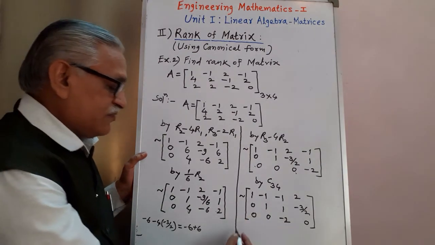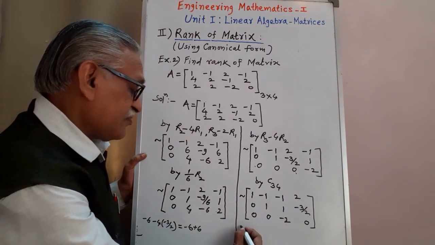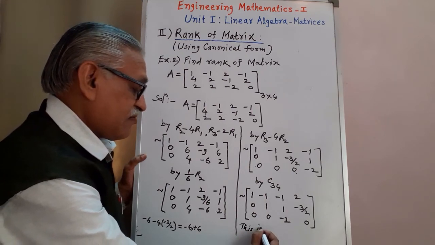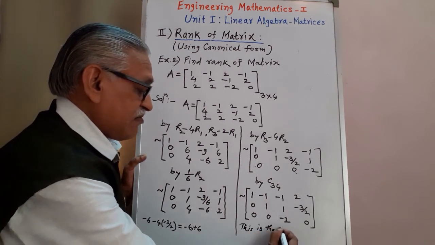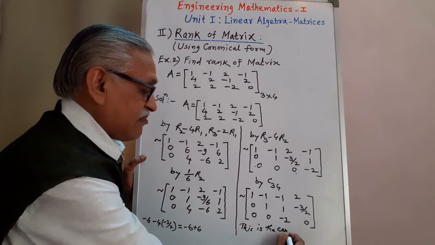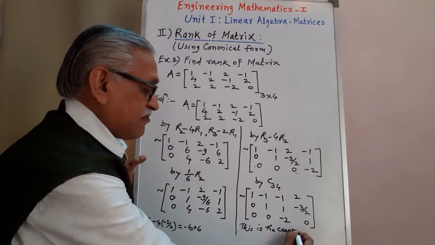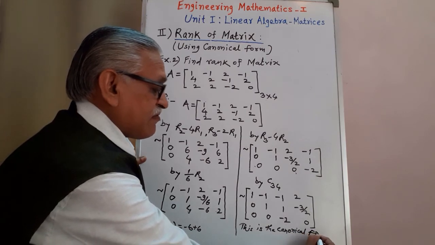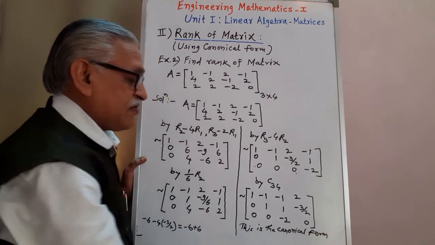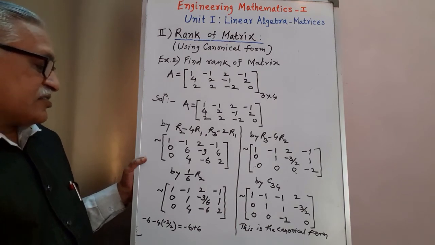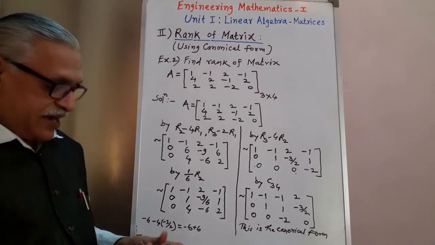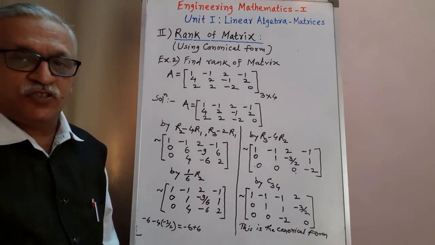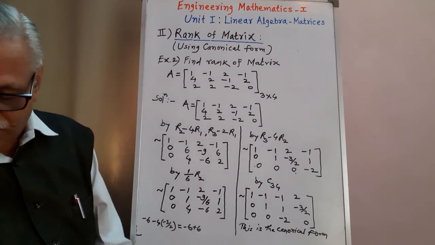Therefore, this is the canonical form. And as this is the canonical form, we find the rank of the matrix by observing the number of non-zero rows from this matrix.